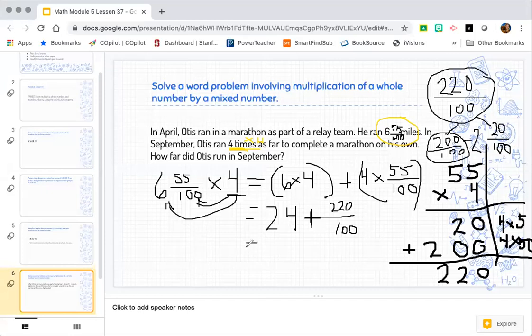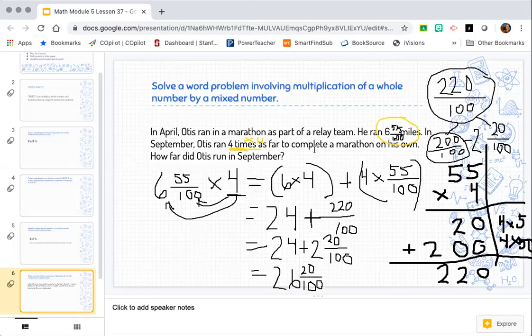So now it's going to be 24 plus 2 plus 20/100. And I can just add 2 to 24, which gets me 26 and 20/100. And I'm still not done because I forgot something. Does anyone know what I forgot?